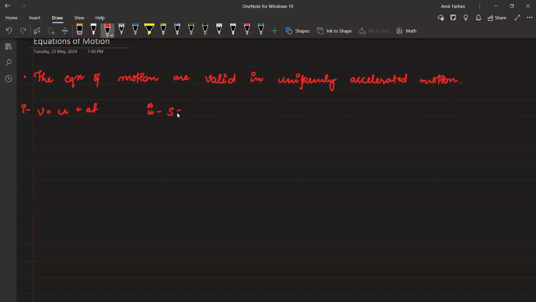Next equation is s = ut + (1/2)at². Third is v² - u² = 2as. So these are the three relationships that are present in the syllabus.